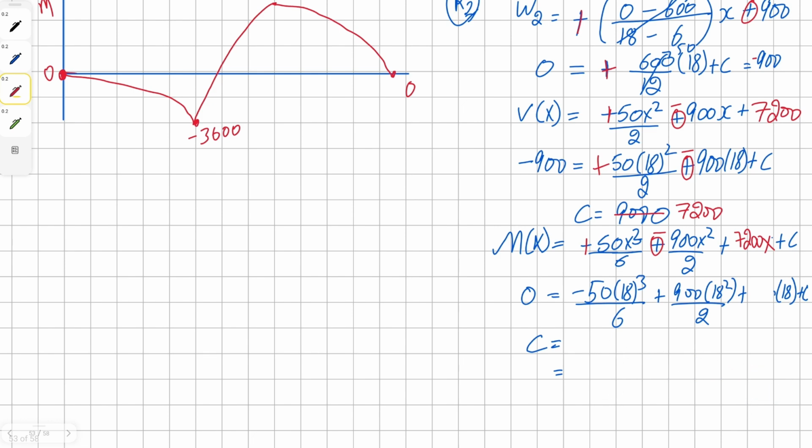Now to solve for our constant, we get the value for constant as negative 32,400.